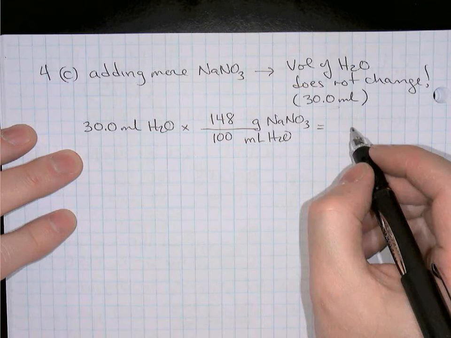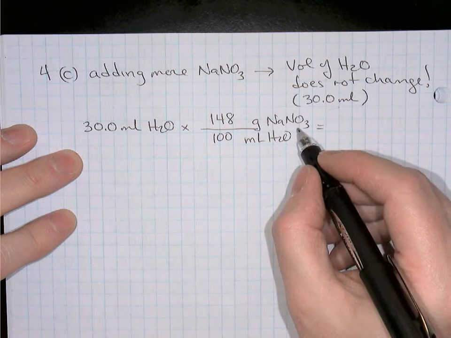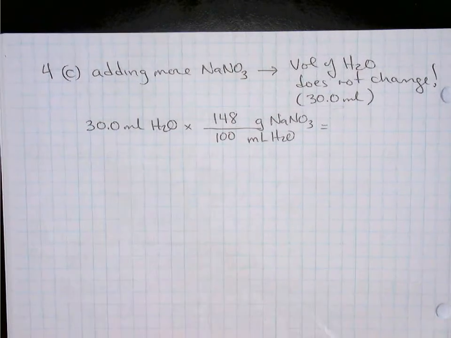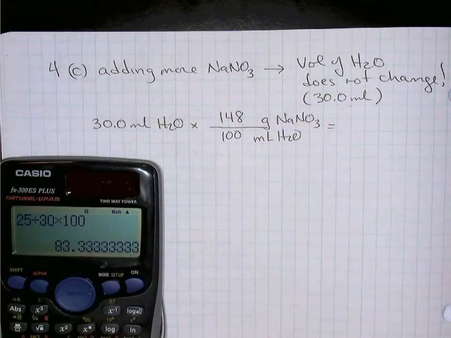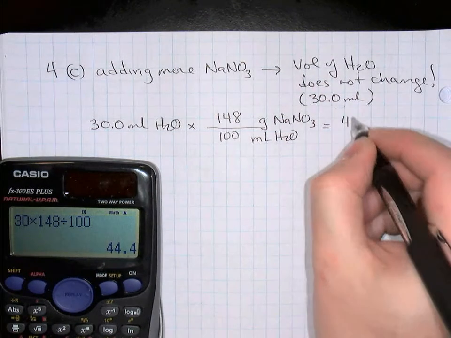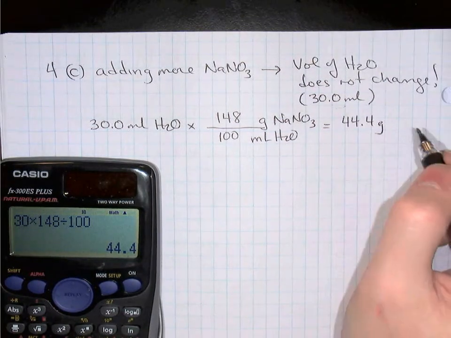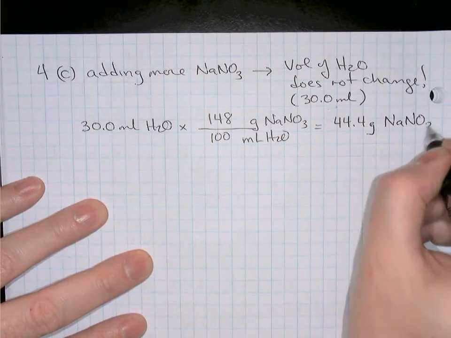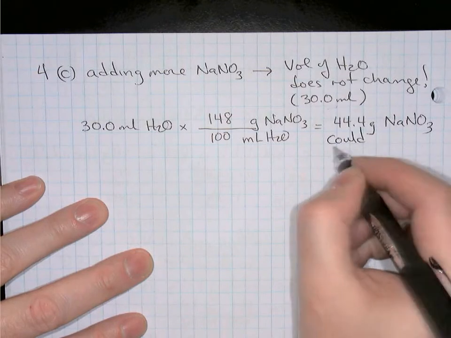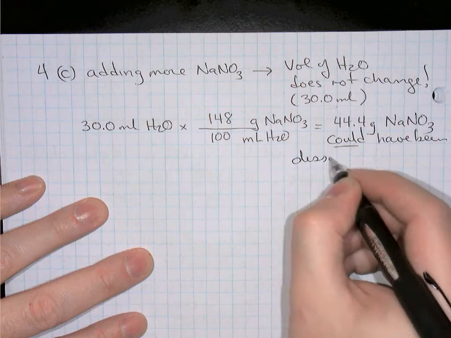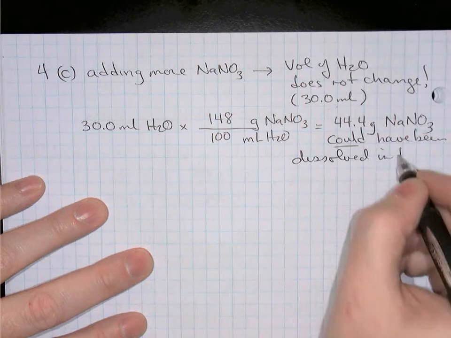So this means I'm calculating how many grams of sodium nitrate could have been dissolved in the 30 mL of water. So let's grab a calculator and evaluate that. 30 times 148 divided by 100, I get 44.4 grams, and let's put a little statement with that. This many grams of sodium nitrate could have been dissolved in the water.